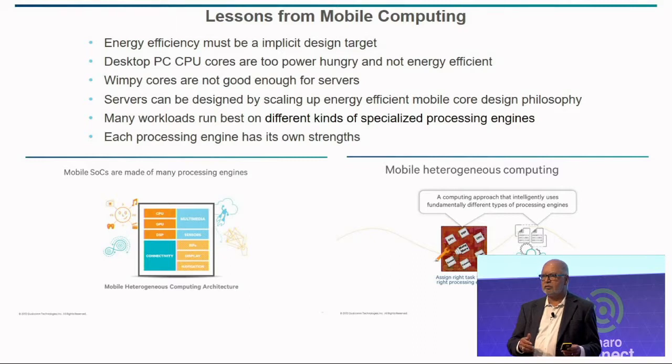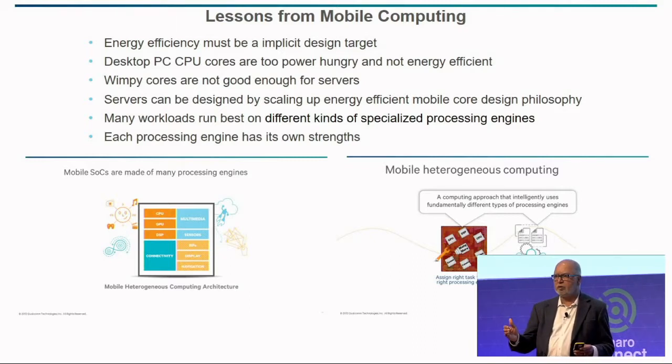So we had to move away from our mobile cores and design a server-specific core to meet the needs of servers. But you can design those server processors using the same mentality that you use to design mobile cores, where energy efficiency is a very explicit design goal.